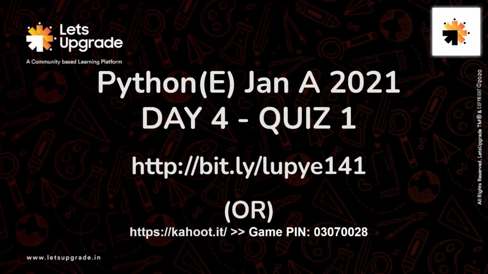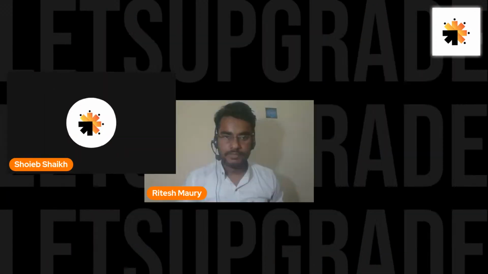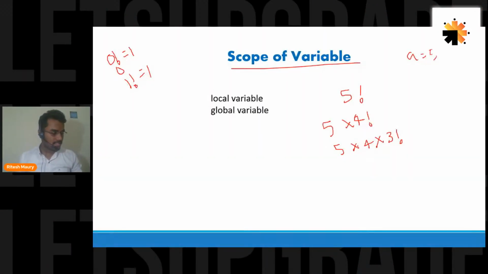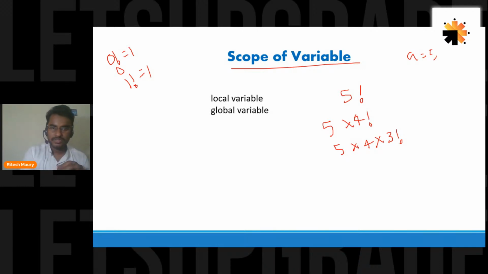Yes, sir, we can continue. Okay. So does anyone have confusion about the lambda keyword or lambda functions? After completing this session, just watch this video again. It's not a big confusion. Let me summarize this topic.